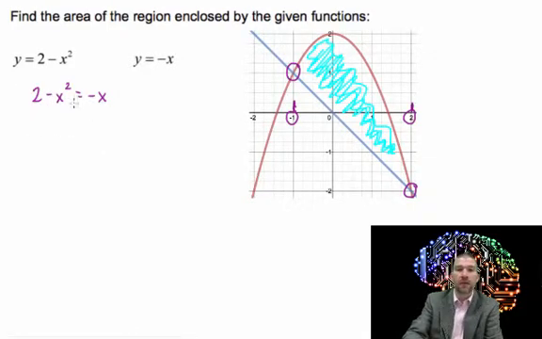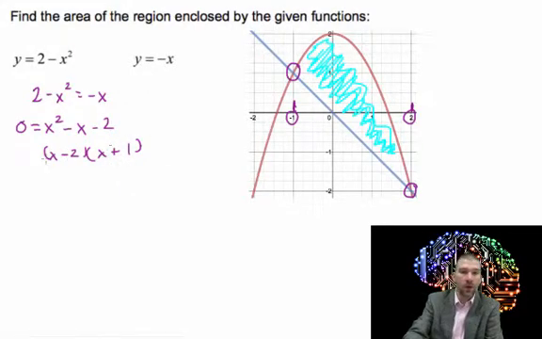So go ahead and treat this as a quadratic. You've got -x squared on the left, and if we're going to treat this as a quadratic, we want all the x's on one side. I prefer my x squared term to be positive, so I'm going to move the x squared term over, and I'm going to move the 2 over. And if you'll notice, this factors to x minus 2 and x plus 1.